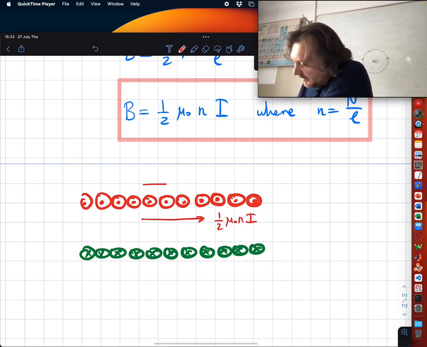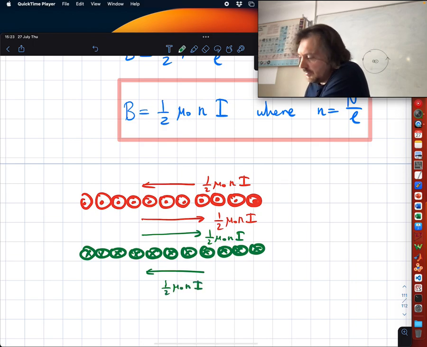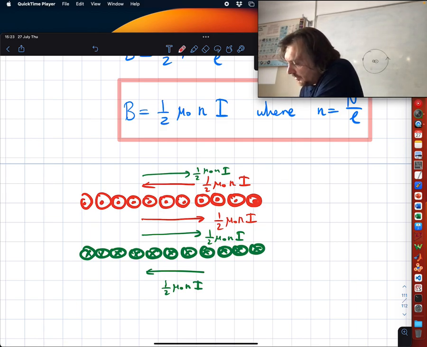Do you agree with that? Also, in here it is 1/2 mu 0 Ni, while the bottom one will create in this direction 1/2 mu 0 Ni, and in this direction 1/2 mu 0 Ni. But also over here 1/2 mu 0 Ni, and also the same with this one, but in the opposite direction.